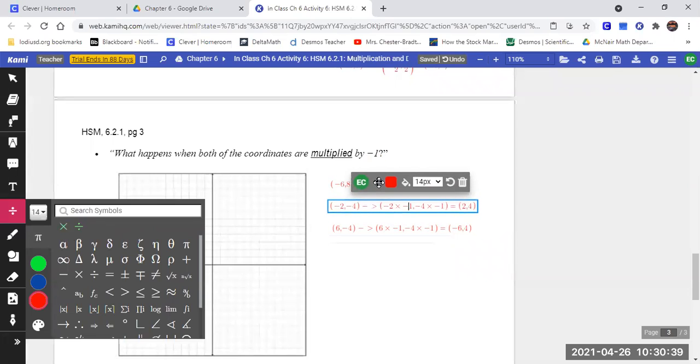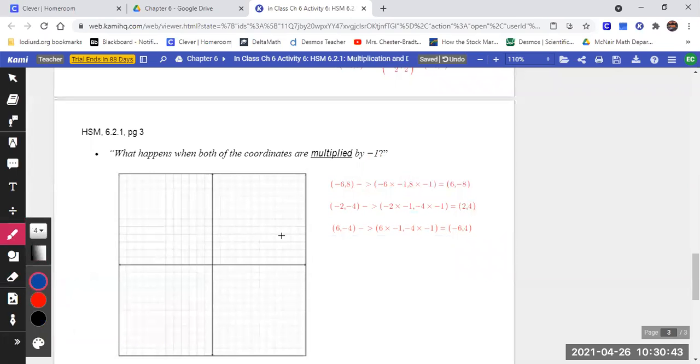So now we're going to go graph those. Okay, positive 6, negative 8. So 2, 4, 6. I got to zoom in a little bit.